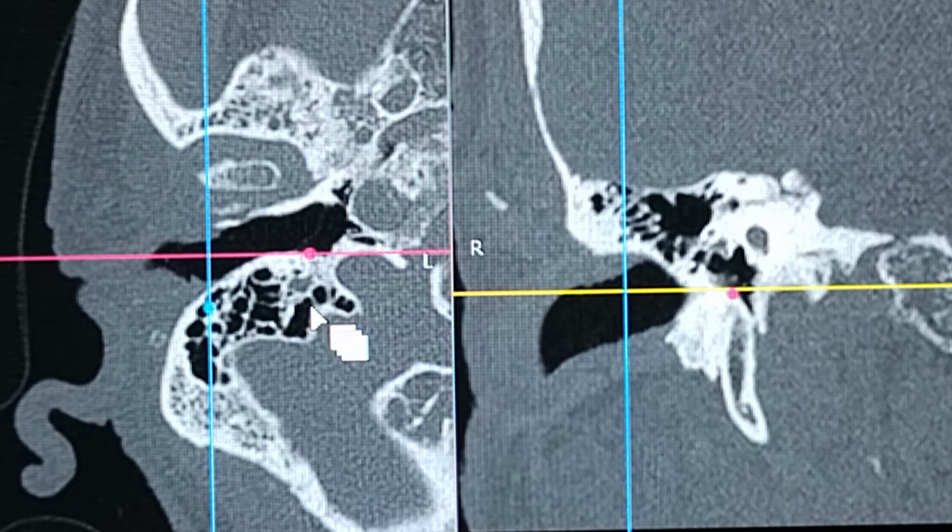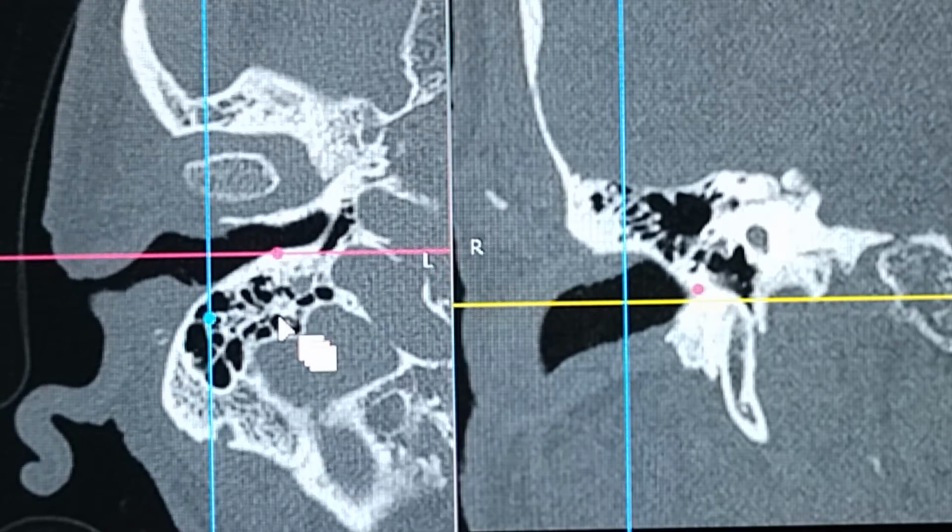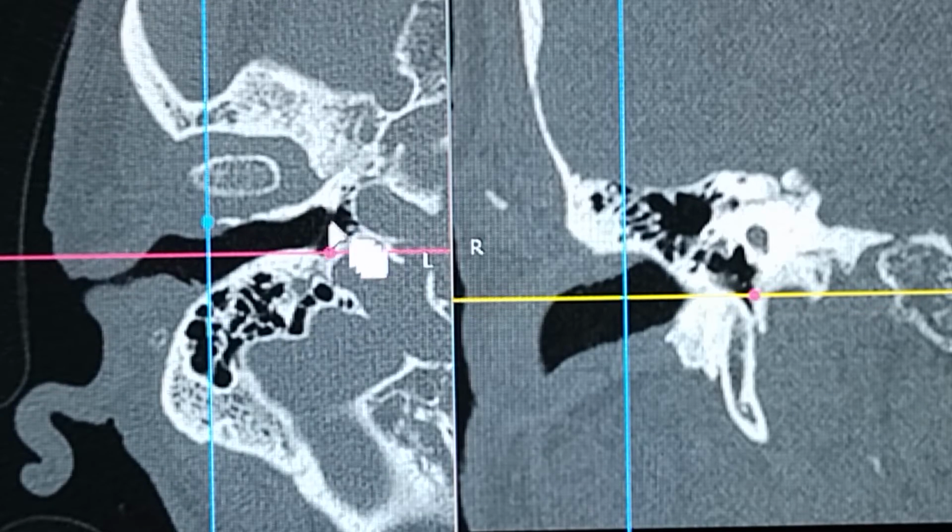Now if you remember the last time, I told you, once you see the EAC and once you see the tympanic membrane, the two most important structures which you come across are the IJV and the internal carotid artery right there. If I'm going below, this is the exact point where I could see the tympanic membrane, and there you can see two finger-like projections.